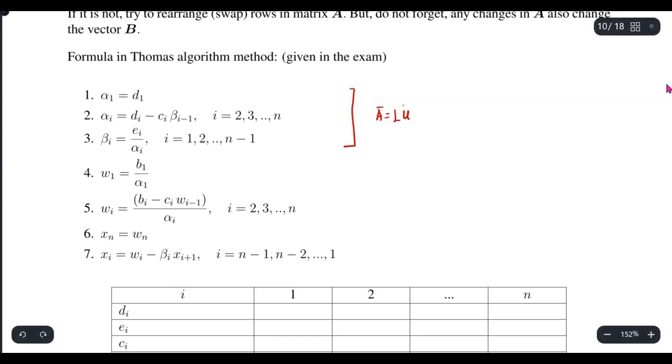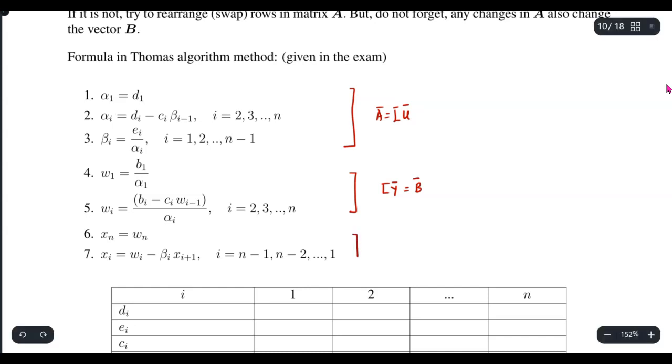For any other method that you have learned before this, you have 3 steps in solving the LU. The first one is A equals LU, where you are supposed to get your matrix L and matrix U. Then equations number 4 and 5 here actually come from step number 2, which is Ly equals B, in your normal LU step.